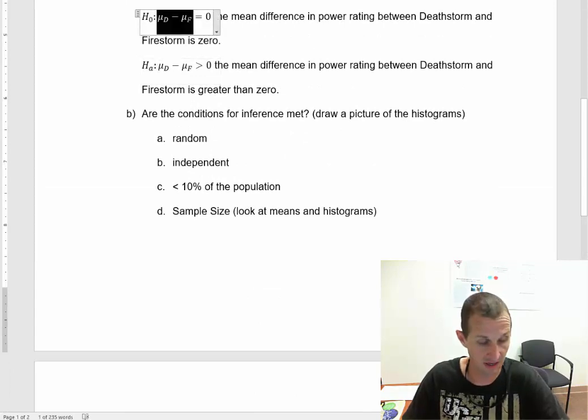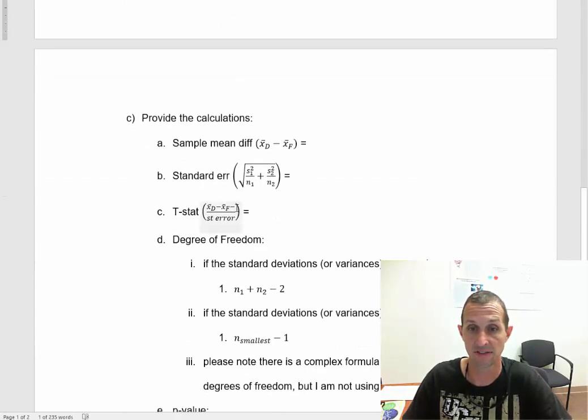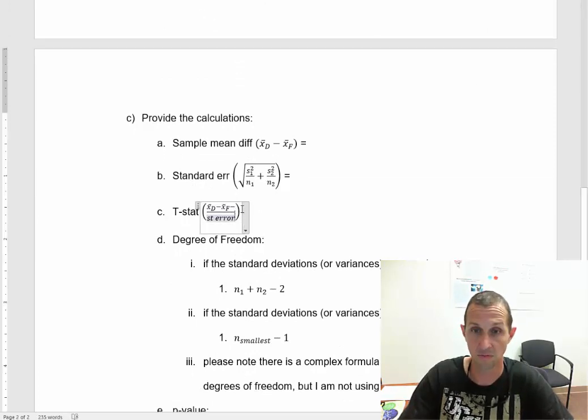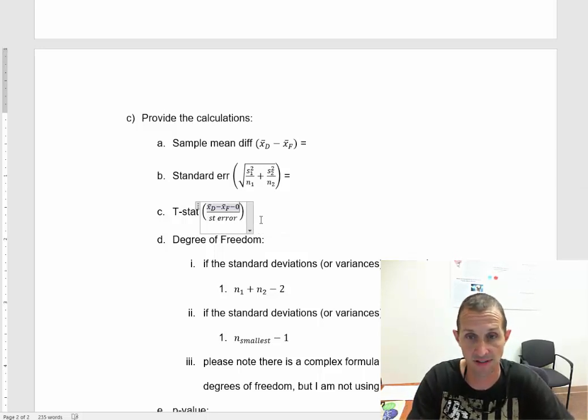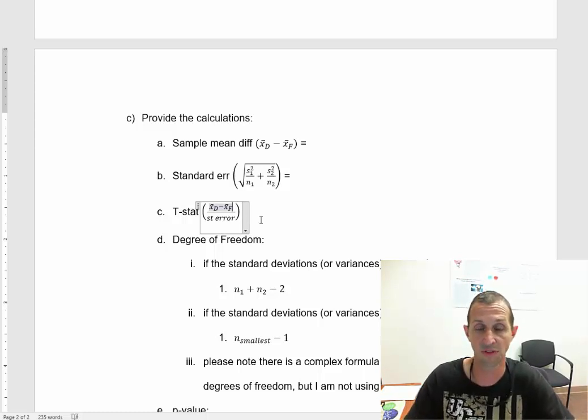I'm going to grab this guy right here, copy, and paste it down here, like this. This is actually the full thing. But remember, mu minus mu is actually equal to 0 from our null hypothesis. And if you subtract 0, you don't change the value. So a lot of times you'll see it simplified like this.